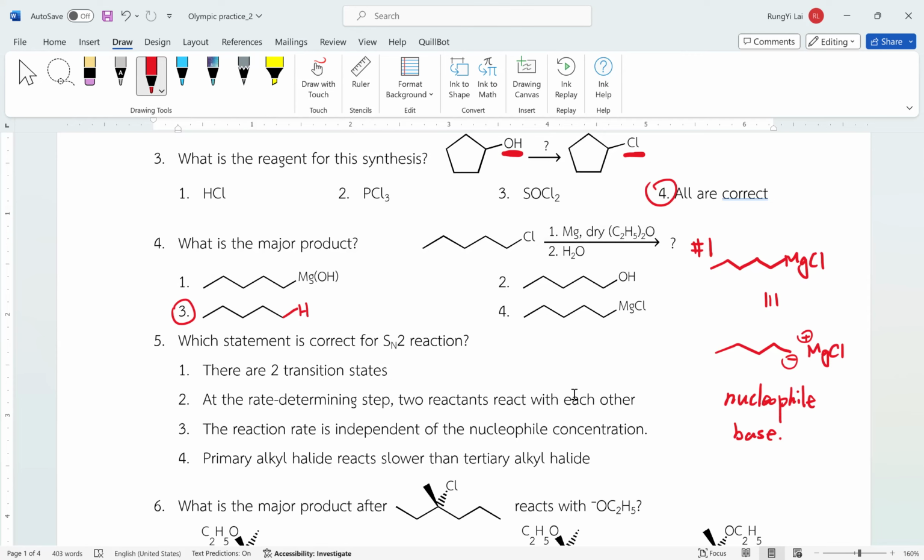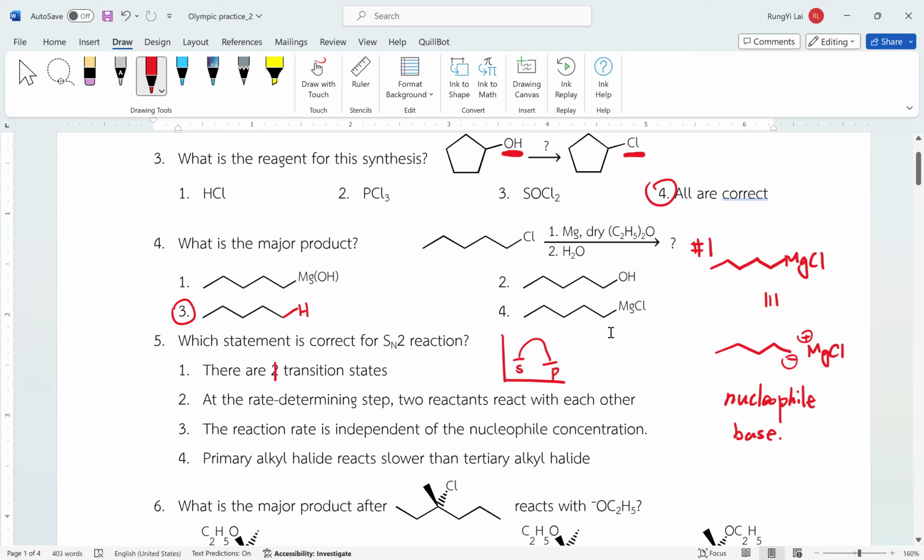So the next question is, which statement is correct for the SN2 reaction? You can see the choice that there are two transition states is wrong, because if you look at the reaction coordinate, your starting material will go to a product. So that means there's only one transition state for the SN2 reaction.